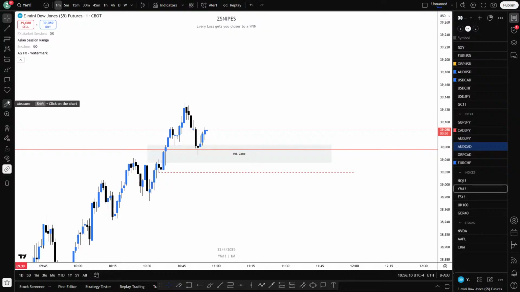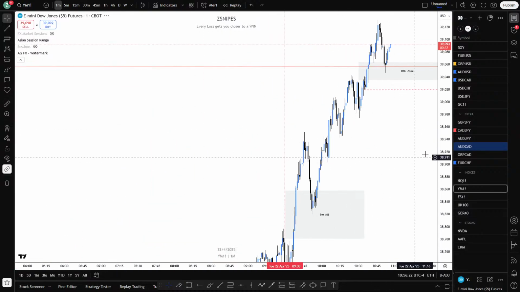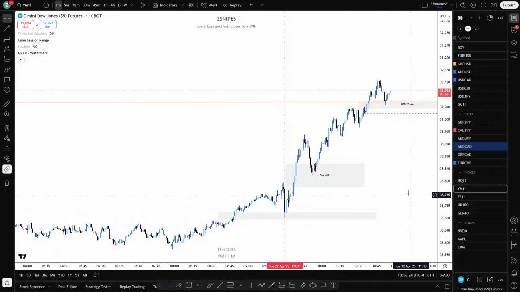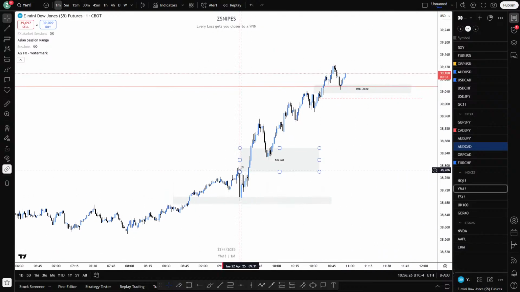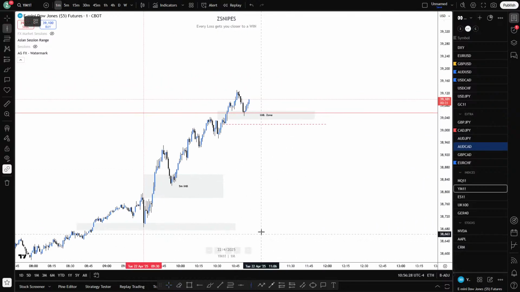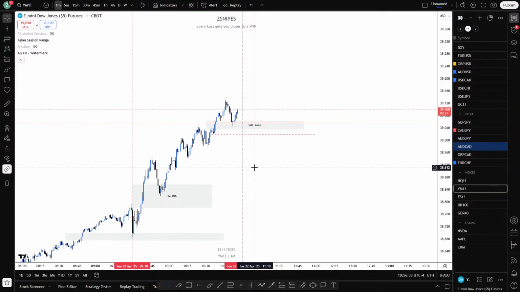Another thing as well, I like to set a specific time limit for looking for these trades, because I would say after equities open, towards 11 a.m., which is going to be right here for me, and you can see that's ending soon.